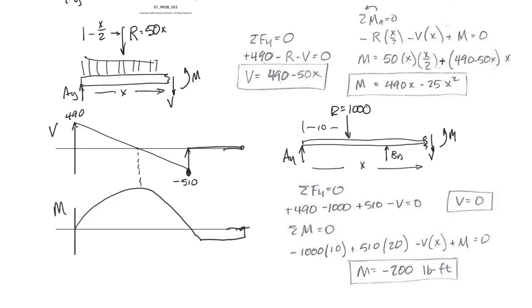Sometimes our desire is to find that. In fact, most of the time our desire is to find that. We do that by saying, where is shear equal to 0 here, and finding that x value. Plugging 0 in for shear, which is right here, find that x value. We find that that is equal to 9.8.